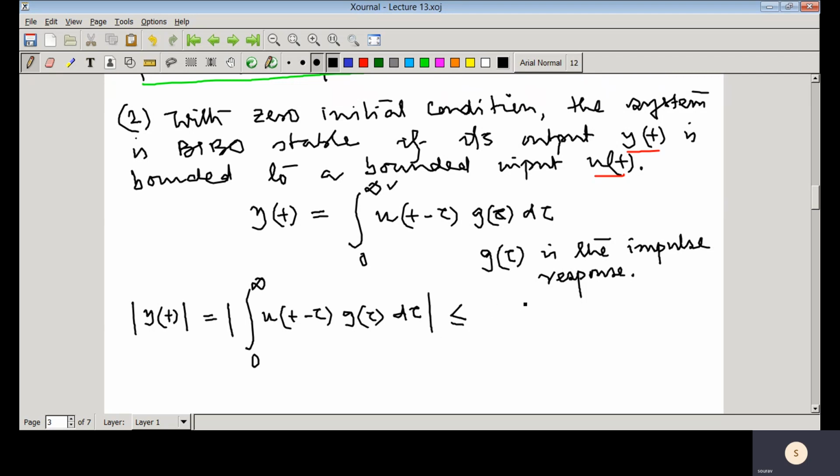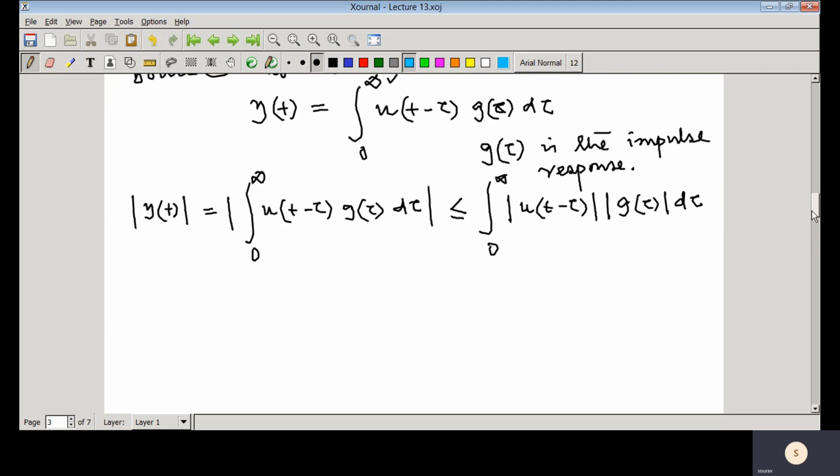Now apply the triangular inequality. If we apply a bounded input, that means let the mod of u(t) be less than or equal to M. That means it is a bounded signal, because it is a bounded input.